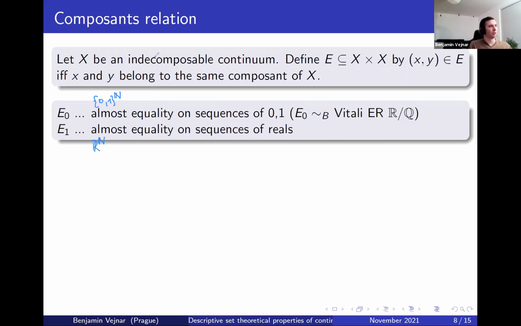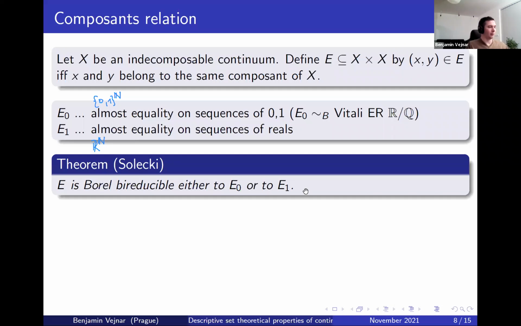Well, and now there is a very nice result by Solecki that the composant equivalence relation E is Borel bireducible either to E0 or to this E1. Okay, so it somehow helps to understand the structure of composants in an indecomposable continuum. And what he proved is that there is kind of a dichotomy. There are just two possibilities for the complexity.